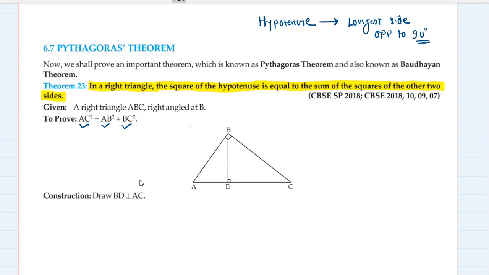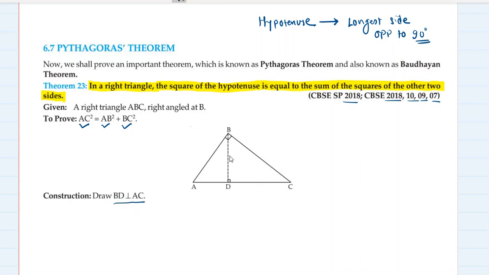Now, we have to prove this. And this proof has been asked in your board exams multiple times. So you need to know how to prove Pythagoras theorem. To prove it, you need to do a construction. You need to draw BD perpendicular to AC.